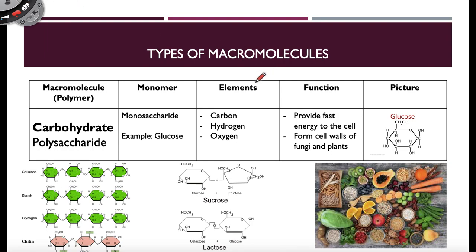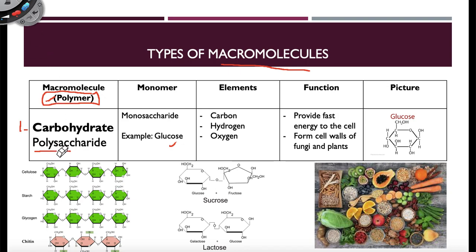So these macromolecules, remember I told you, are made up of individual monomers, and these macromolecules are polymers. So a carbohydrate is a polymer of many tiny glucose molecules.